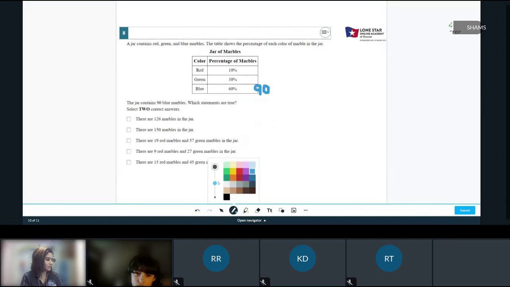Then how many are green? If there are 90 blue, can you figure out green? 60% is 90. 30% is green. Half are green. How much is half of 90? 45. Then green are going to be 45.